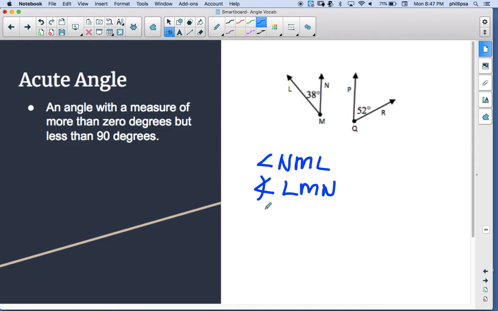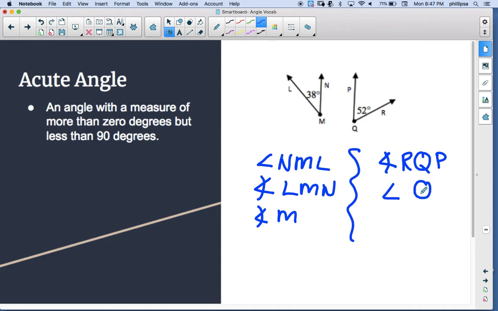It can also be referred to as angle M. The other acute angle here in this diagram would be RQP, or angle Q, or angle PQR. But again, the acknowledgement that the vertex is the most important thing to realize when naming your angle.